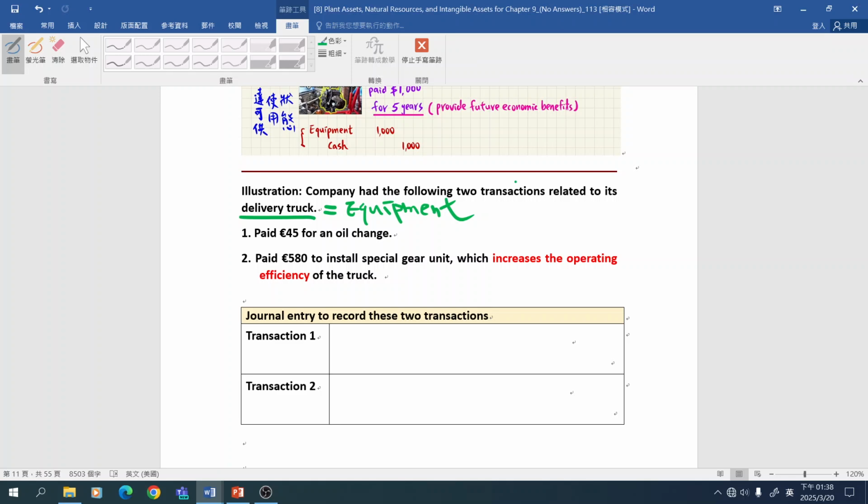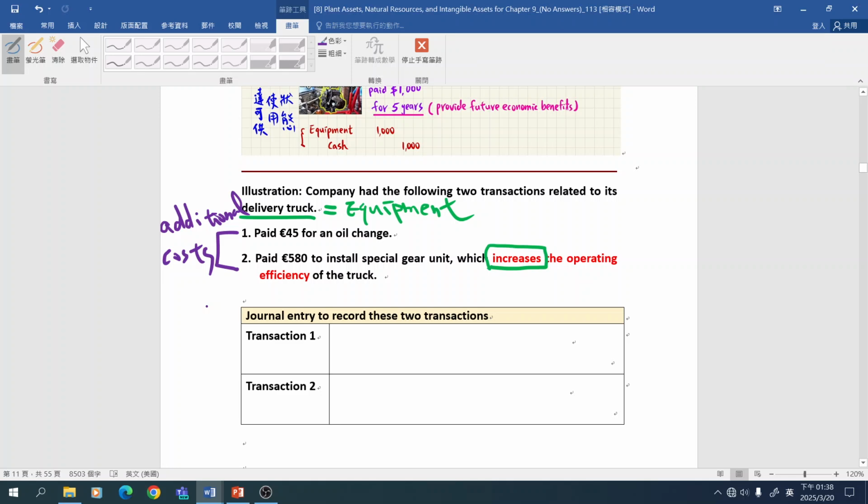Increase. Did you find out? Increase your equipment's conditions. Okay? So based on these 2, first issue you should understand the money you spend is expense or assets. Okay? So that's your additional cost.